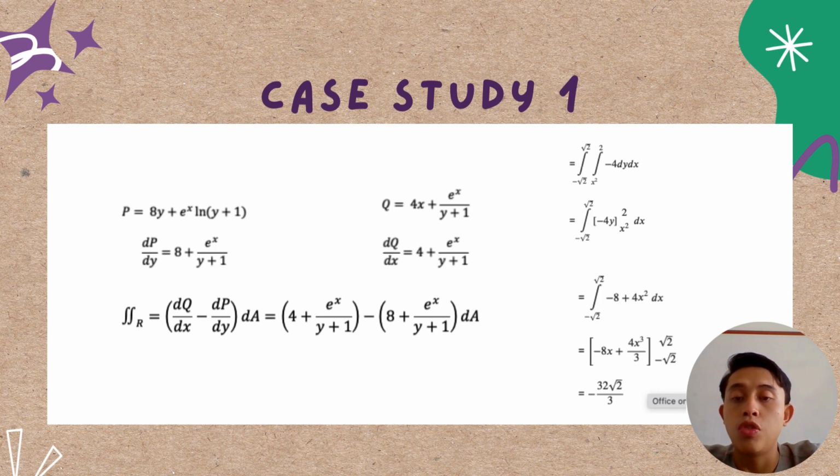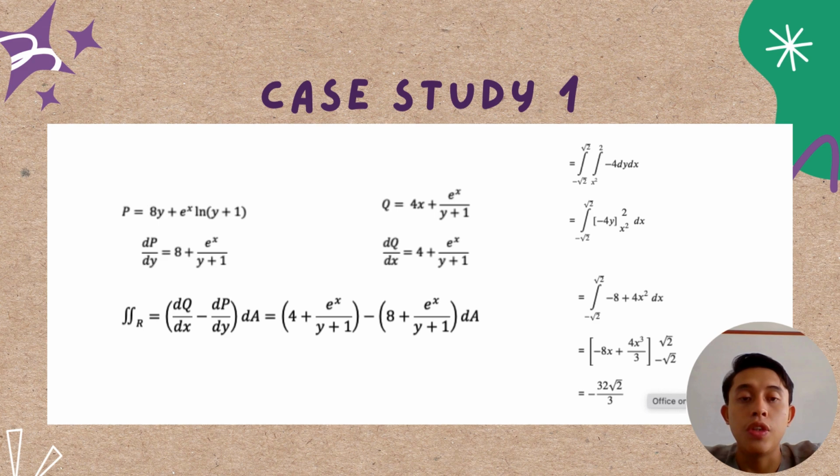And then we use the double integral of dQ/dx minus dP/dy dA, which is the derivative of Q minus the derivative of P. We get the double integral of negative 4 dy dx, where y goes from the parabola x squared to the line 2, and x goes from negative square root of 2 to square root of 2.